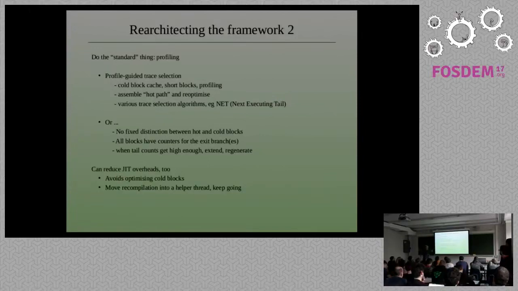What I'd rather do is have a single unified cache of blocks and then profile at the end of each trace to see which way we're going out of it if it's a conditional branch. And we can incrementally extend the trace one block at a time as we see how it goes.